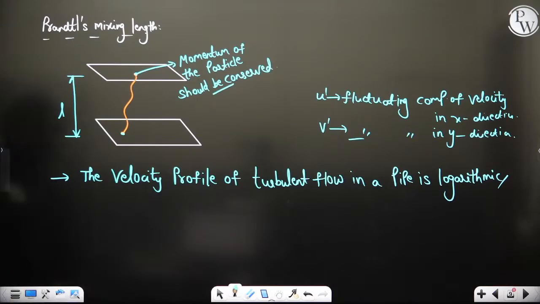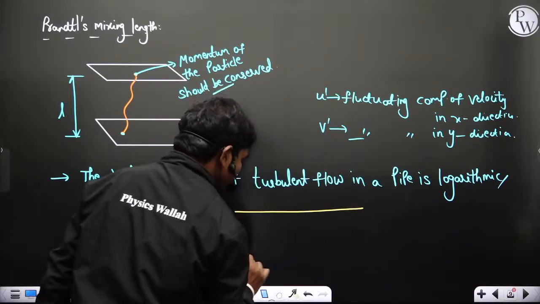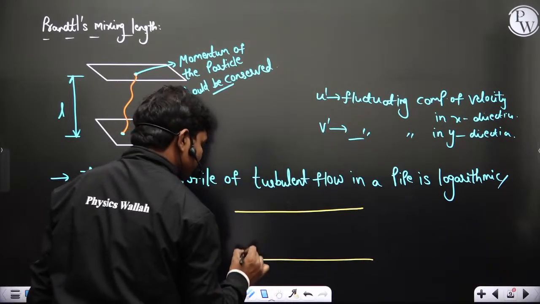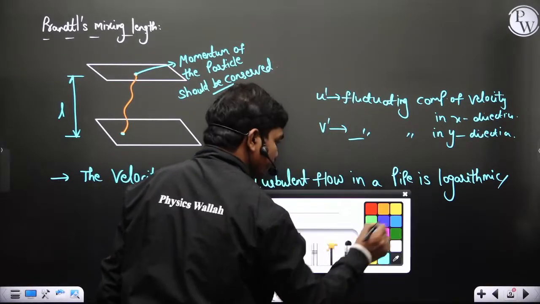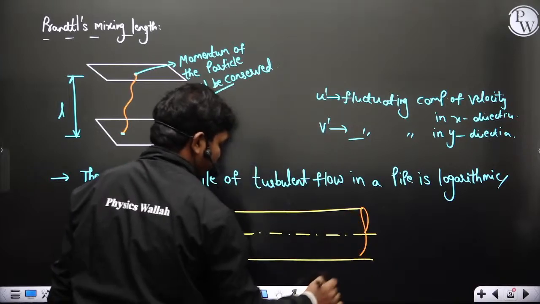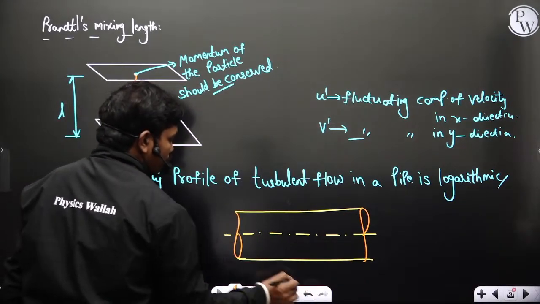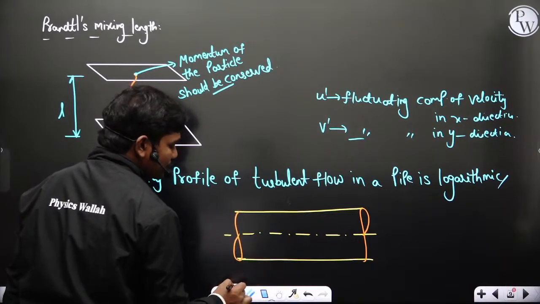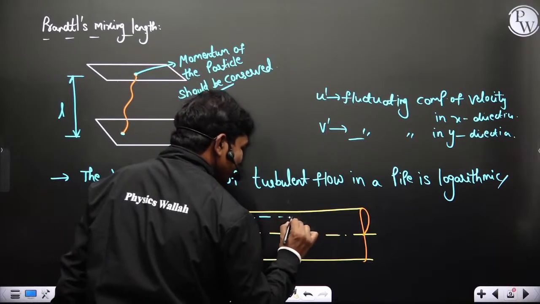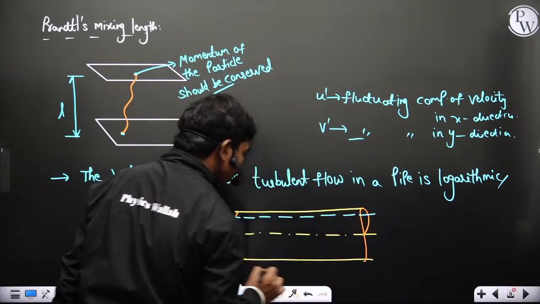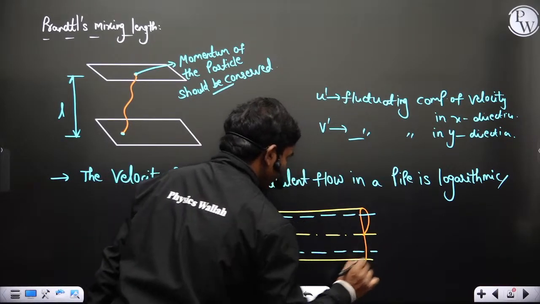Okay, so anyway, there is a small correction which I would like to explain to you. So whenever there is a pipe flow, apart from the small layer which is very close to the pipe wall, so this is actually a very small layer which is close to the pipe wall.